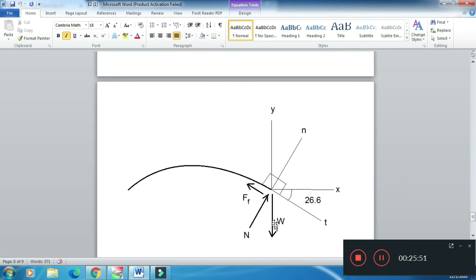Weight will be acting downward, and normal will be towards normal direction, and it is perpendicular to the surface. Friction force is tangent to the surface. So there are three forces. One is friction force, other one is weight of the car, and the third one is normal reaction.